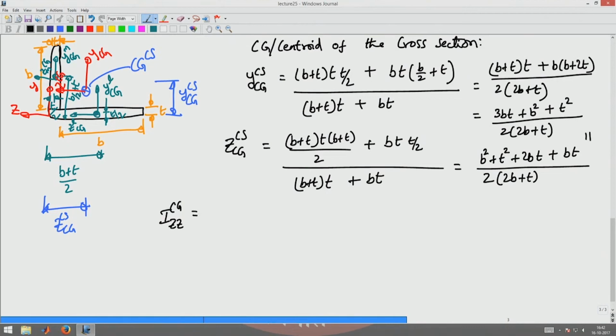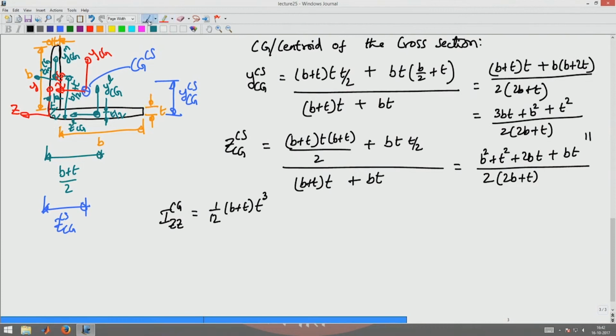The moment of inertia of this horizontal leg will be 1 by 12 into B plus T into T cube, about this z axis. Now, I have to add the YCG cross section squared times the area of this leg.